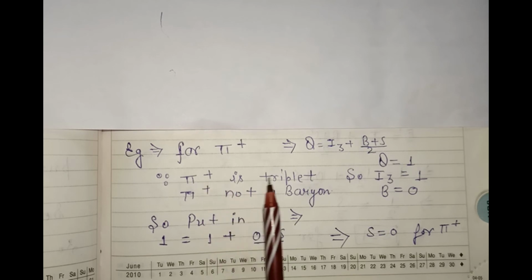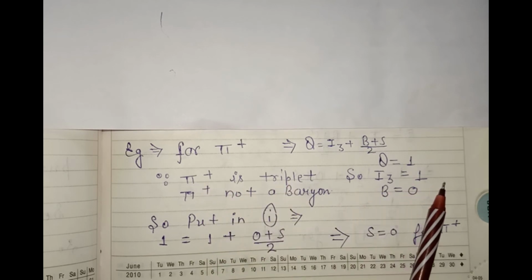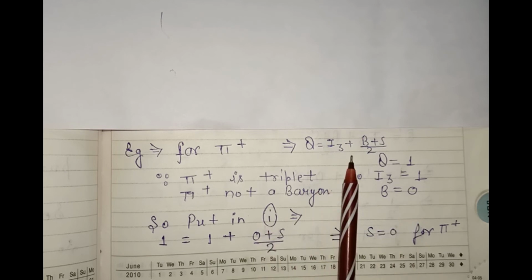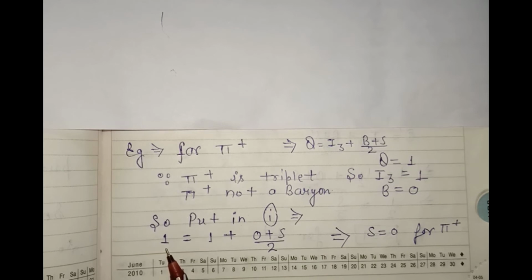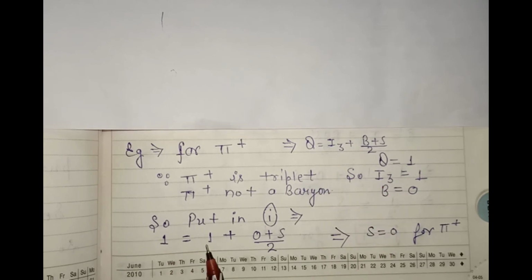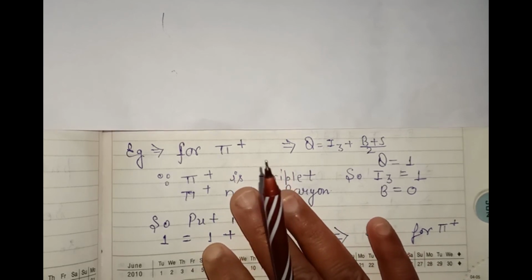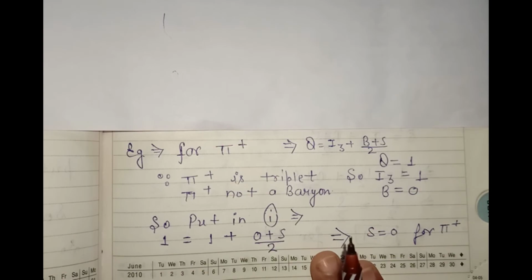Because pi positive is a triplet, I3 will be equal to 1, and pi positive is not a baryon, so the baryonic number B equals 0. Putting in Q equals 1, I3 equals 1, B equals 0, S by 2, S equals 0 for pi positive. That means pi positive will not show strange behavior.